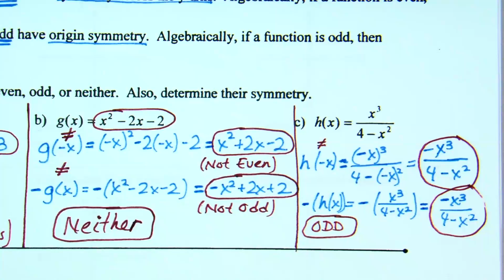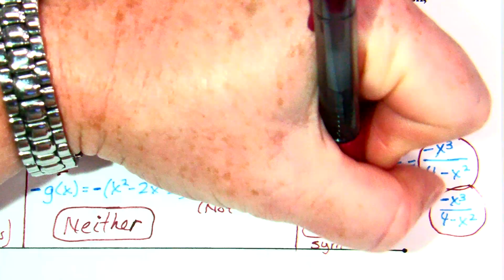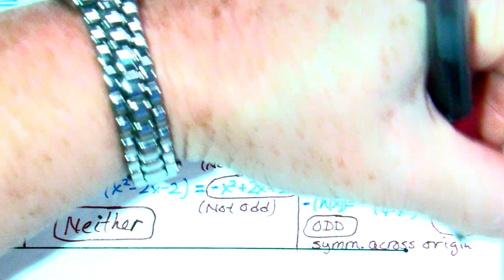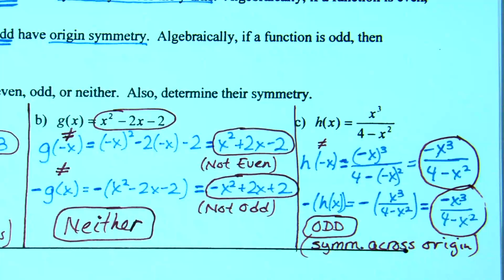Now, graphically wise, okay, Mallory's already graphed it. She says it looks weird. But what is it going to be? It's going to be symmetric across the origin. So let's see what that looks like. Basically, there's a bunch of asymptotes happening here.